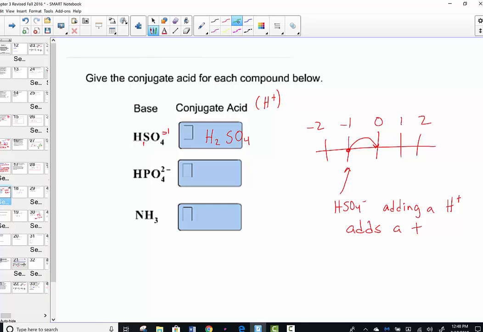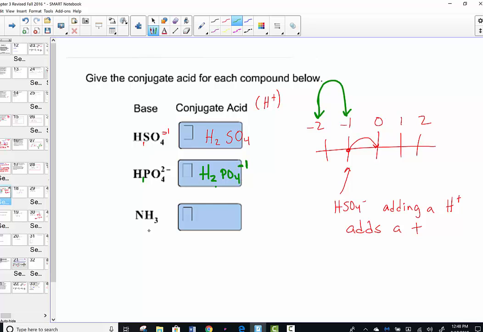If I stand here, HPO4 2 negative, on the number line, and I add one more proton, instead of H1, it's H2PO4, but adding a proton made it go from a -2, one more positive, to a -1 overall charge. Hydrogen phosphate polyatomic ion became dihydrogen phosphate polyatomic ion.